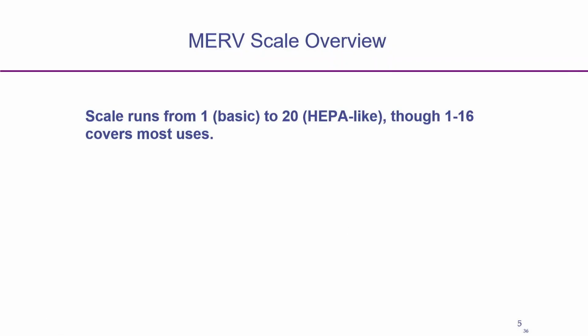So, let us see the overview of the MERV rating. The scale runs from 1, a basic filter that captures very coarse particles, up to a MERV value of 20, which is HEPA filtration, very efficient, capturing very fine particles.